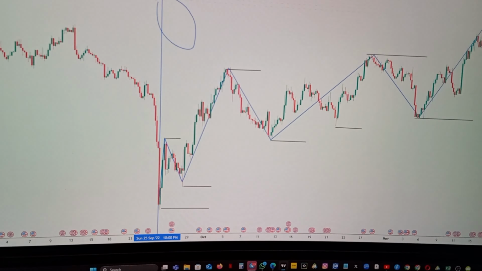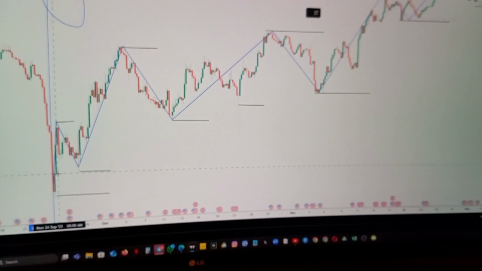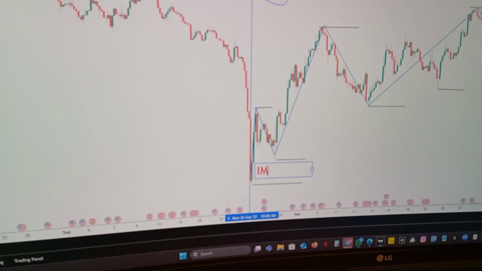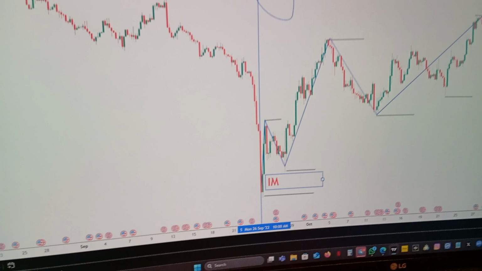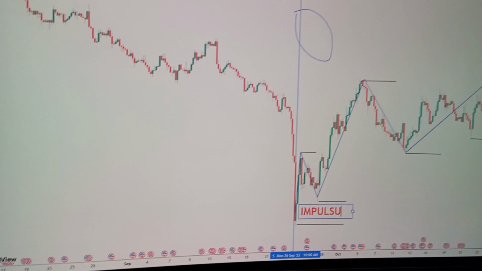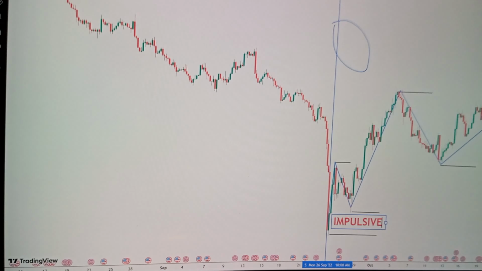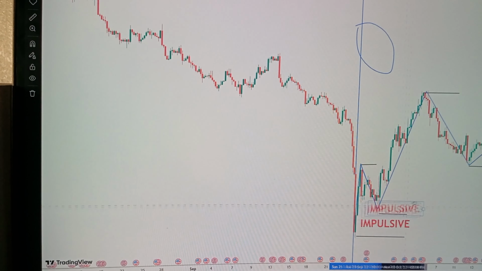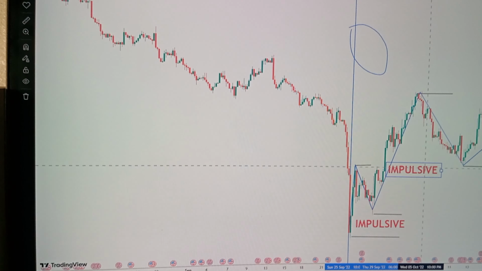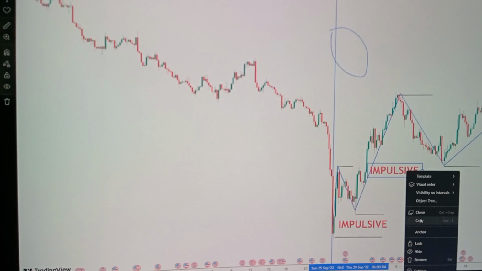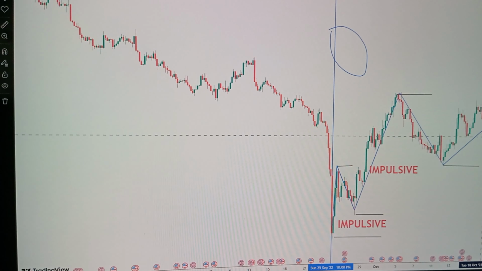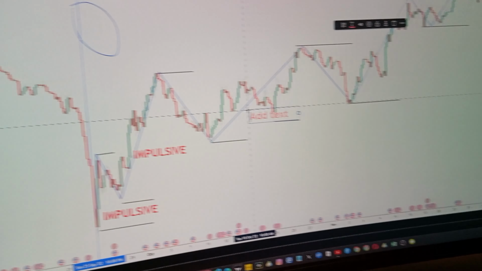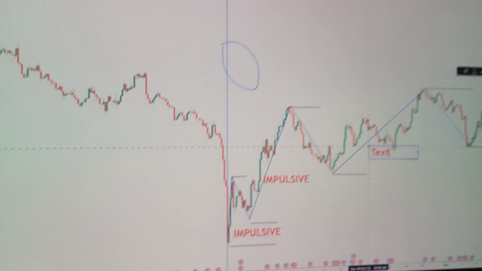Okay, let's mark it out, guys. This is impulsive. This is impulsive. This is impulsive. Okay. This is impulsive. This is also impulsive. This here is impulsive.